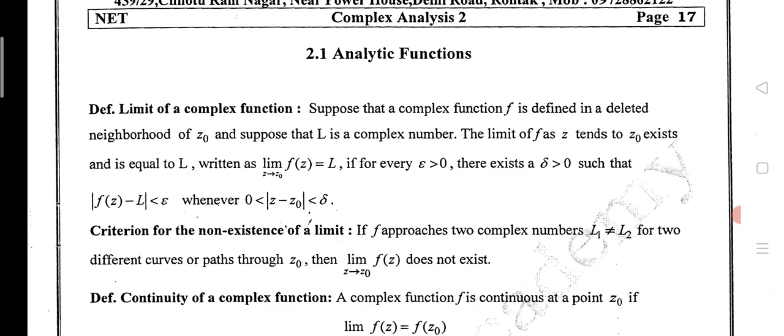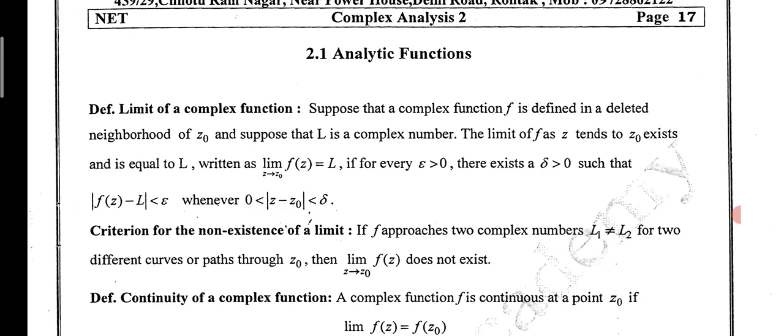Let's start. The first definition: limit of a complex function. Suppose that a complex function f is defined in a deleted neighborhood of z0, and suppose that L is a complex number.